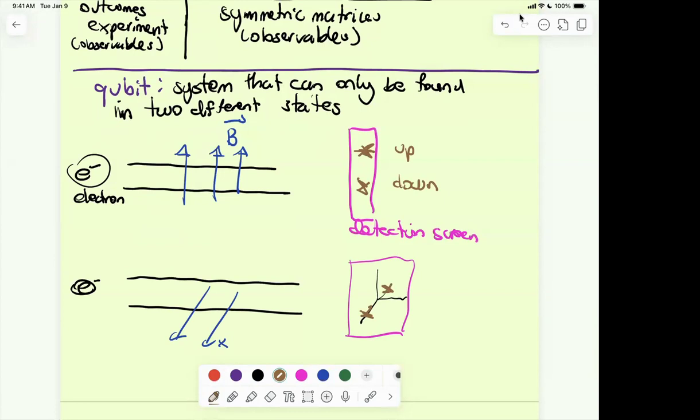Instead of being detected up or down, it would be detected left or right. But the point is that once you have decided how you want to orient the magnetic field, it only has two possible outcomes. That's what I meant by defining two possible outcomes: once you have a particular configuration in mind, then it only has two, and you could call them right or left, depending on how you orient it.